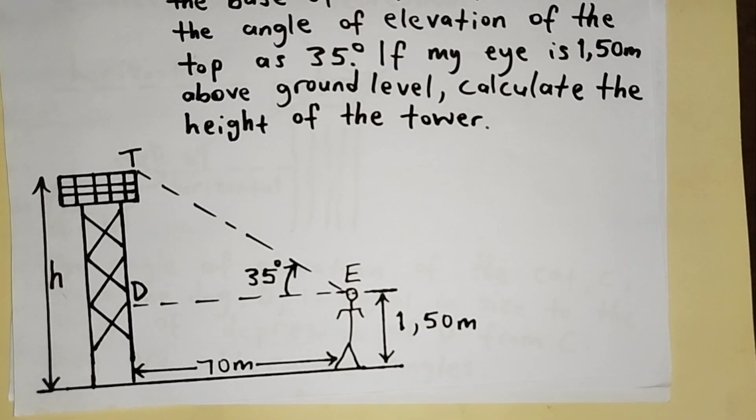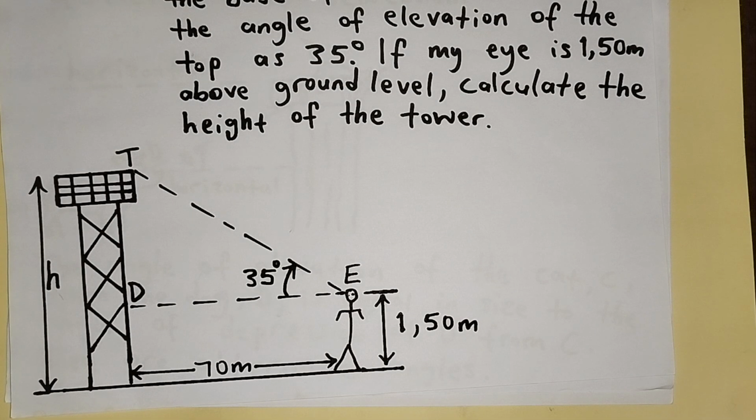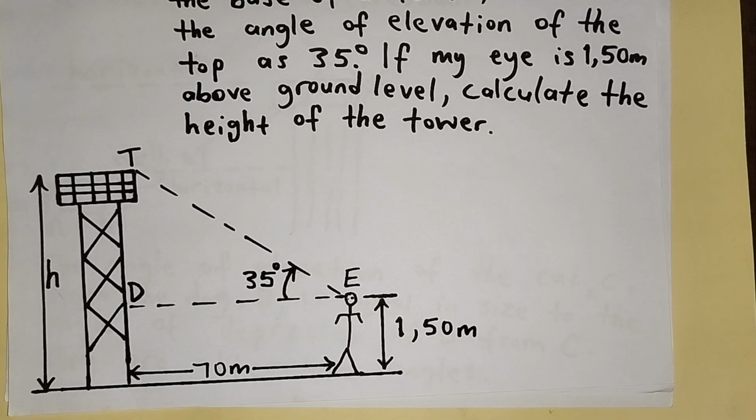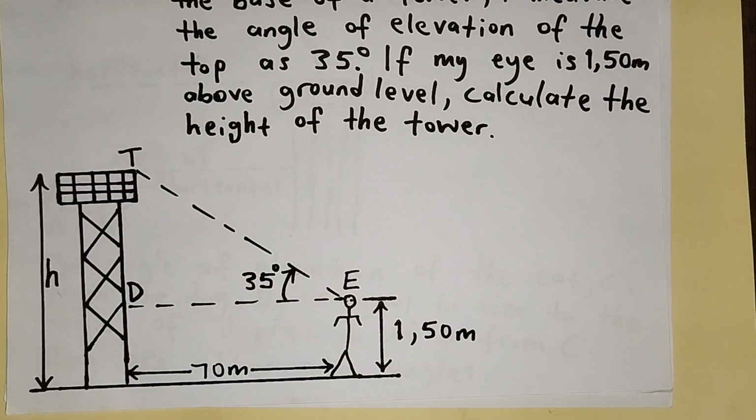So using this diagram, we want to find this height of the tower, shown by the letter H. This one is our tower, the top labeled as T. From the information given in the question, from the base of the tower to the observer there are 70 meters between them.